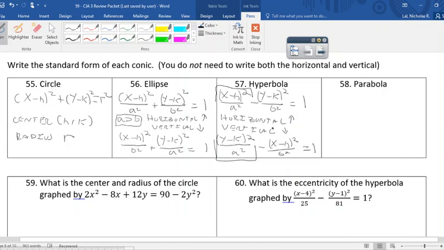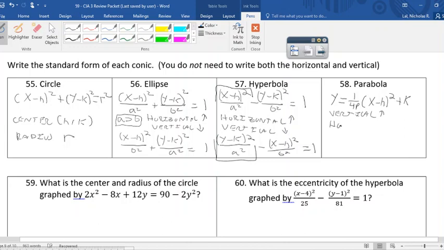All right. So for the parabola, y is equal to 1 over 4p times (x minus h) squared plus k. That's going to be a vertical parabola, the normal parabola as a function.